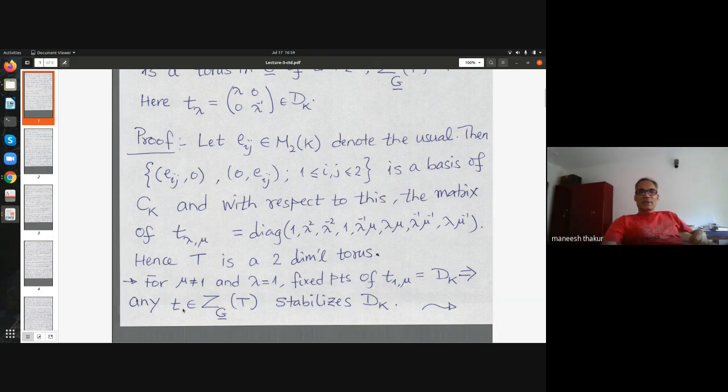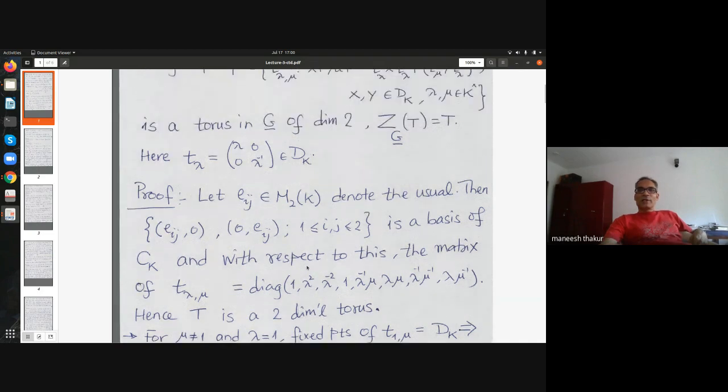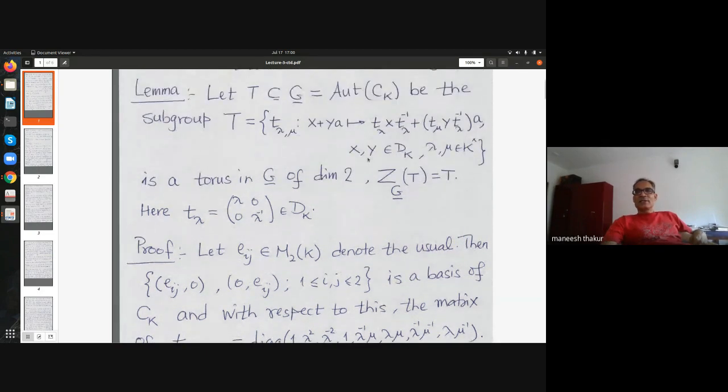So any centralizer element of capital T maps the first summand to itself, because any such centralizer element must also commute with T1 mu, and the fixed points of T1 mu are the first summand, because I've chosen mu not equal to 1. So remember how this acts. T1 mu will map x plus y a to x plus mu y a, that's all.